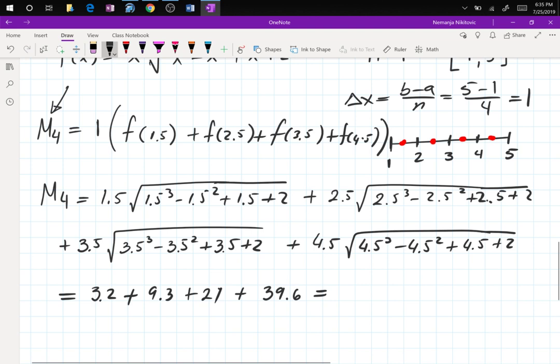So this is the fast way to do it. Now there are other ways to compute as well if you are really crafty with these things. You can use a table feature as well. Since you have your function y plugged in, you can go second table set, which is above window, and you see that it says table start. That's the first value that the table is going to have. Set that to 1.5 because that's your first value.